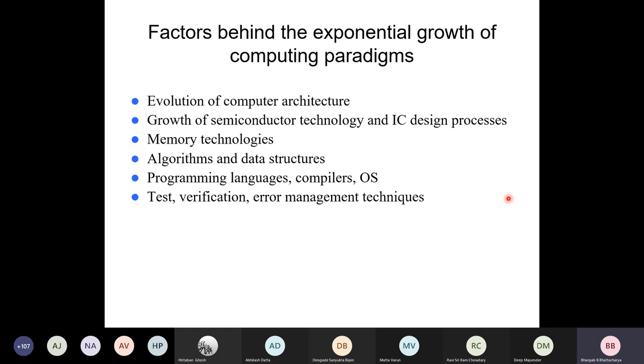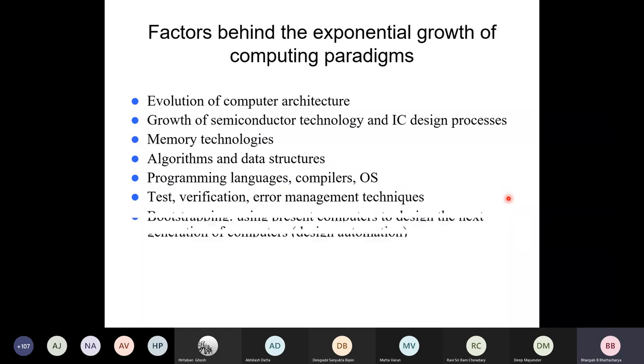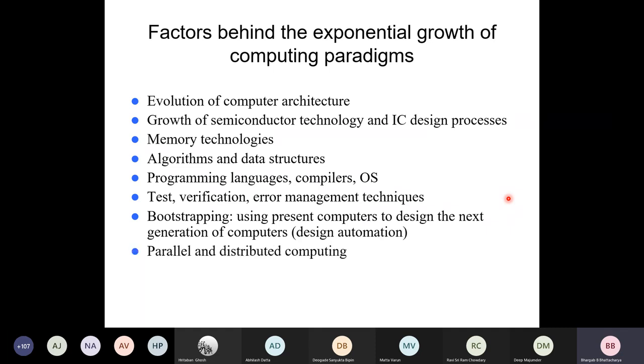Test, verification, error management techniques. Imagine that you have billions of transistors, so you need a mechanism to ascertain whether the circuit has been designed correctly. So you need verification, and the circuit should function correctly. You need testing and so on, fault tolerance and error management. And bootstrapping, we talked about that: use the power of present computers to handle the complexities of the next generation of computers, design automation using bootstrapping.